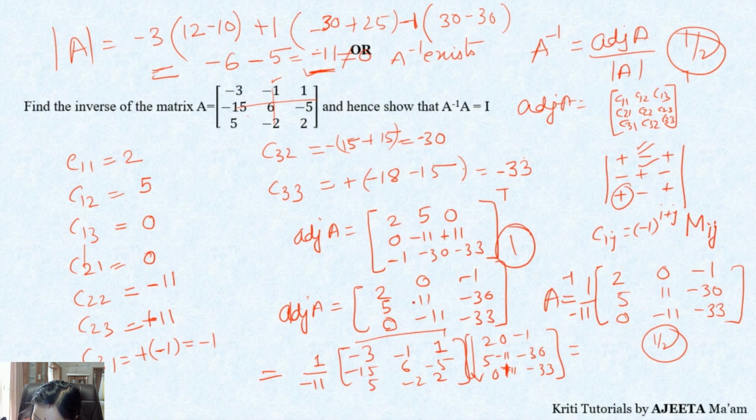Please make a change. Yes, this is how it goes on, students. Correct? Just check once more. Is it clear to everyone? Right? So this is how you get the answers. Correct? Correct? So you will get the identity matrix. Correct? So this is what we have. So this was the question based on matrices. Now let's move on to the next.